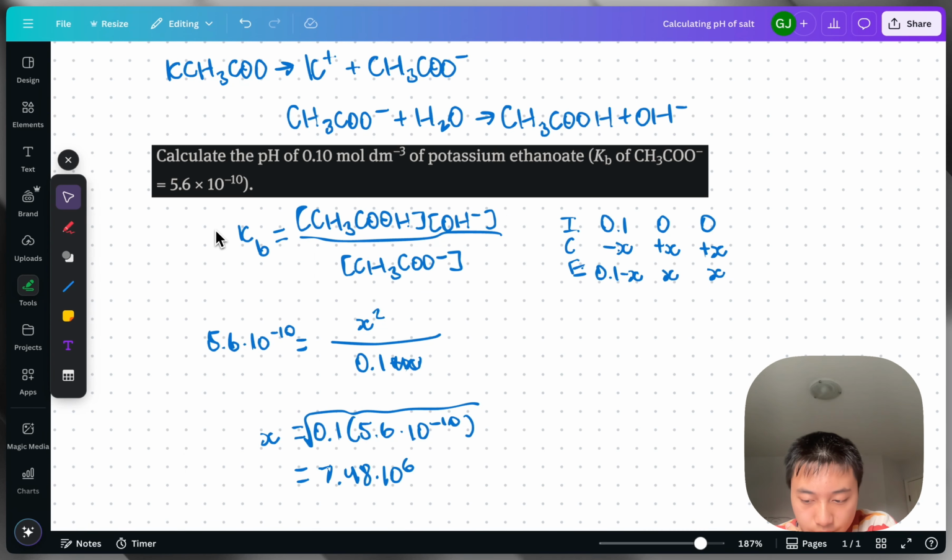And we know that this value would be the concentration of the hydroxide. So we can write this.